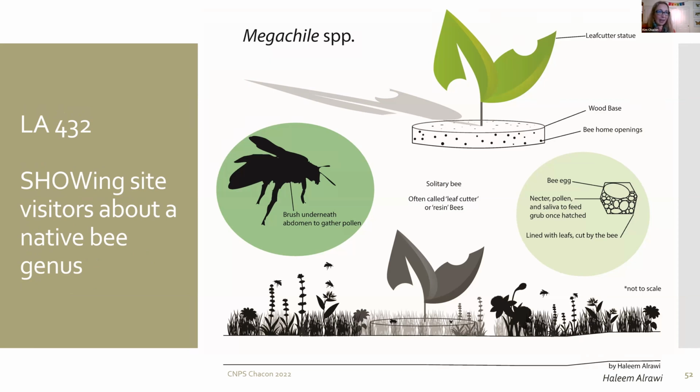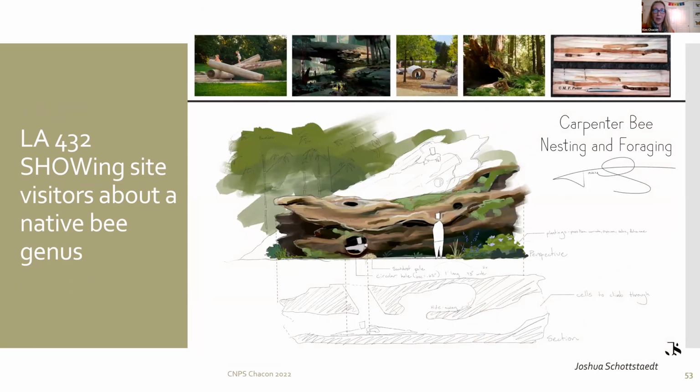So what if we made a megachile base where they could live in the holes, and then the top was a sculptural element which shows off how they cut the leaves? What an amazing botanic garden contribution that would be, okay? What about if we could learn about being a xylocopa, a carpenter bee, by playing in a log that mimicked their nest? That would be fun, at least for kids.